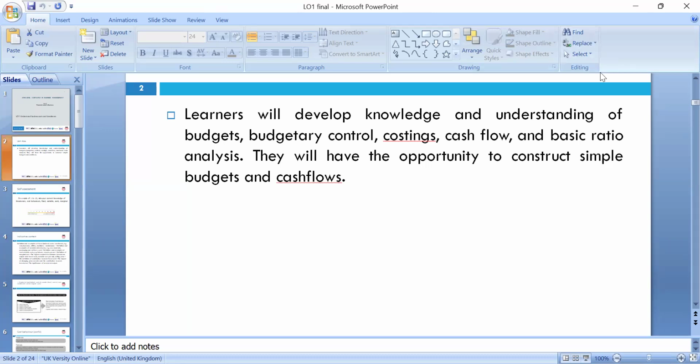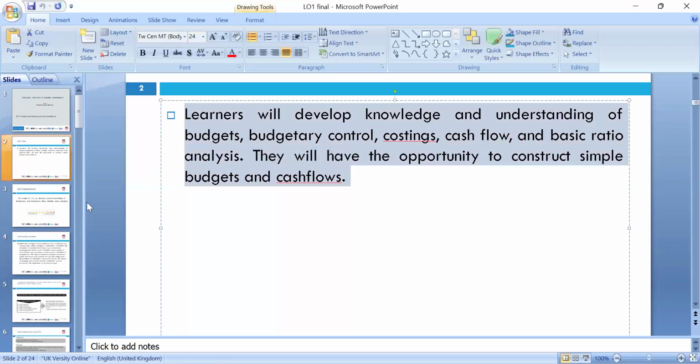Ratio means the relationship between two numbers. If my sales go up, what happens with my profit? If we hire more employees, what happens with my sales? If we advertise more, what happens to the sales or the profit? All sorts of discussion can be in this unit.